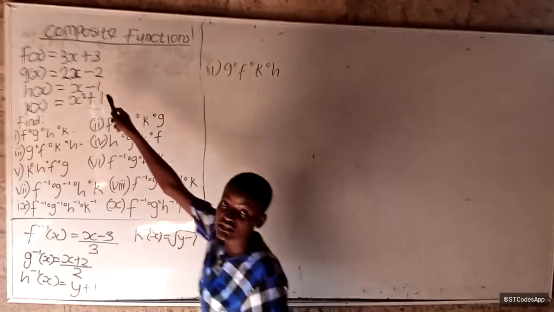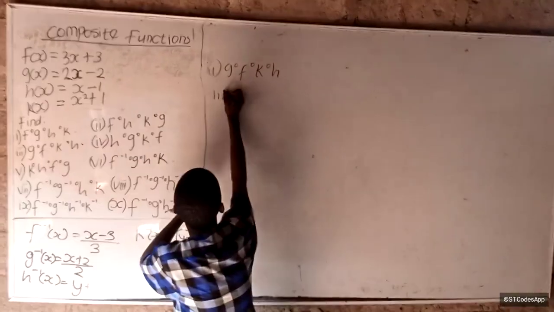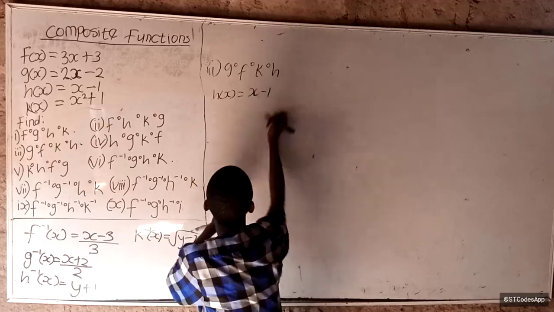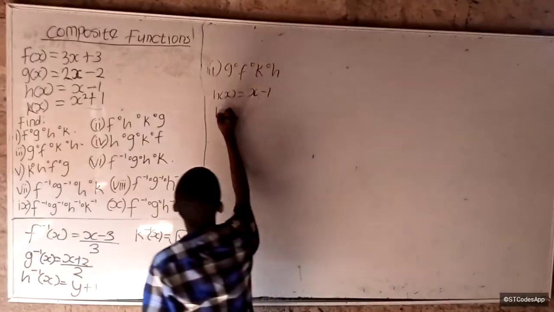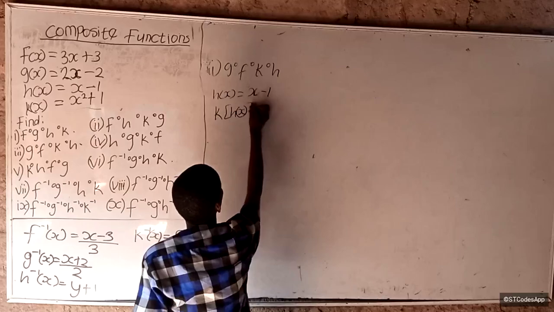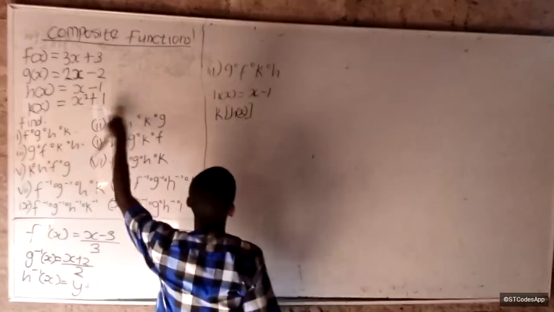So as seen here, we see that our h of x is x minus 1. So we write h of x equals x minus 1. We input the value of this h of x into k of x, giving us k of h of x to be, recall our k of x is x squared plus 1.